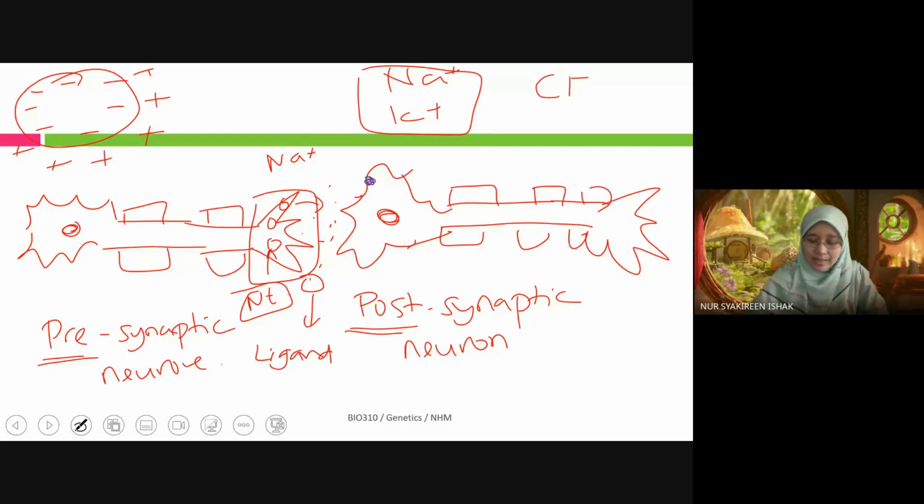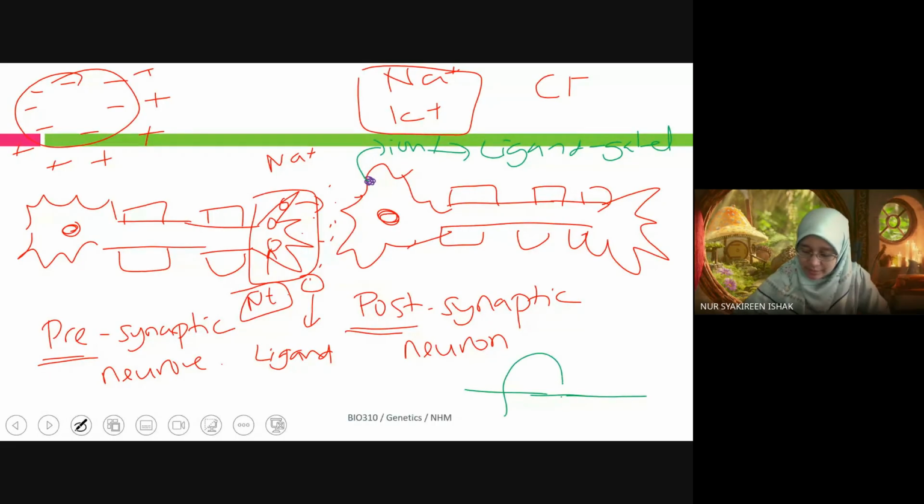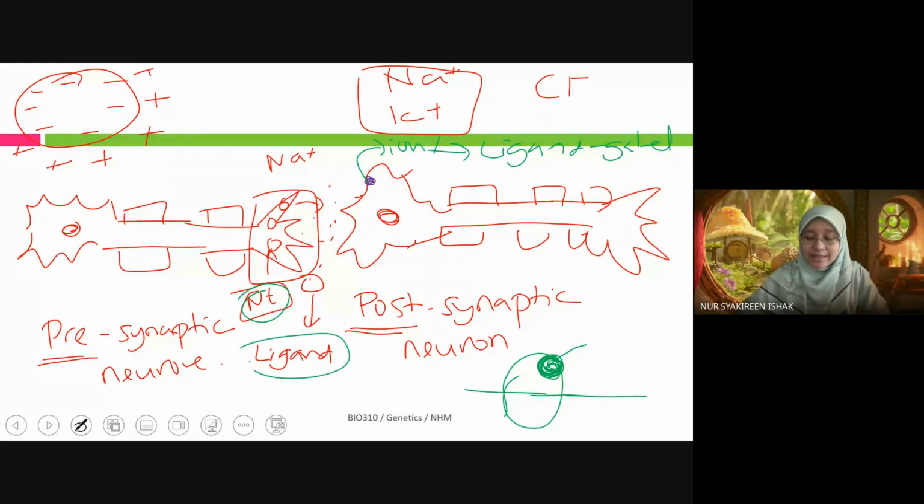Dekat dendrite of postsynaptic neuron, it has an ion channel, which we call it as ligand gated channel. So this ligand gated channel, kalau kita close up draw dia, dia ada receptor binding site. So the function of the ligand gated, it binds to the chemical molecule which is the neurotransmitter, which is the ligand.